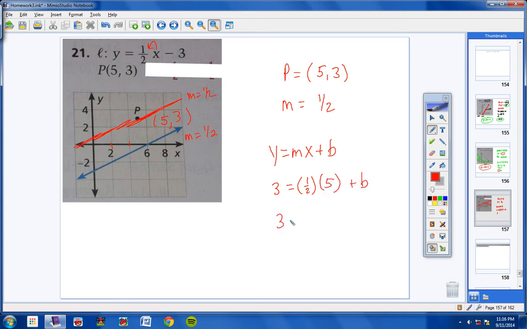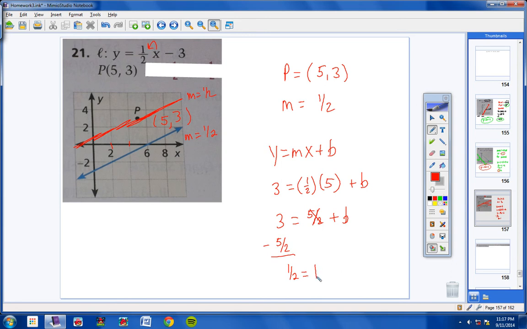Okay? 1/2 times 5 would be 5/2. And then again, if you're weak with fractions, just use the fraction button on your calculator and bring your 5/2 over. And when you bring it over, it becomes a negative 5/2. So 3 minus 5/2, and 3 minus 5/2 would be a half.